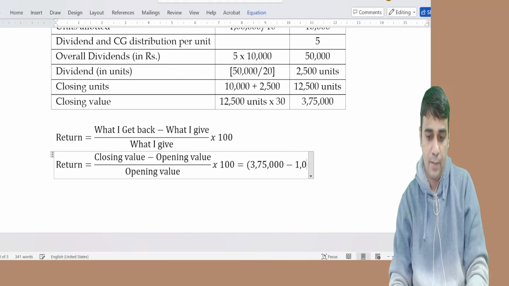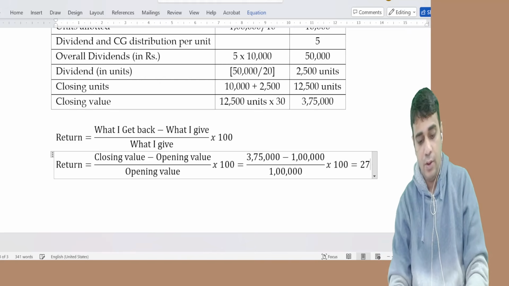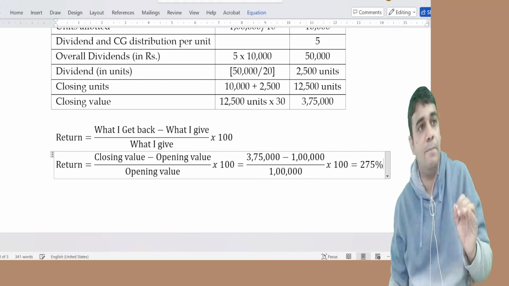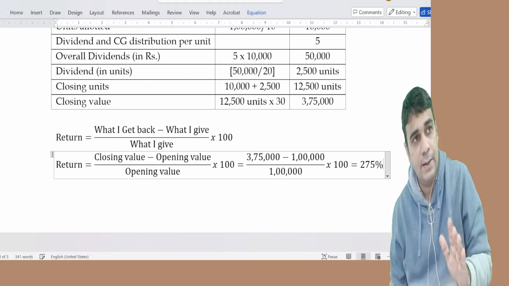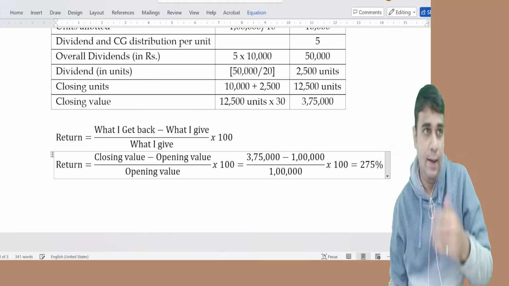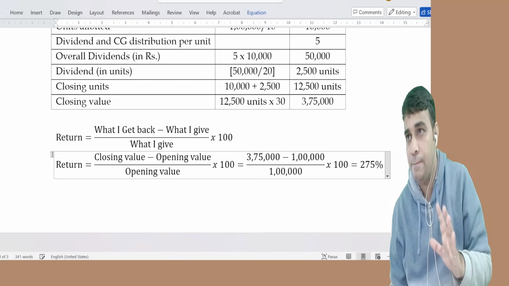Opening is 100. So the result is 275 percentage. 275 percentage is the return earned by the investor in a reinvestment plan. In a payout, it was 250 percentage. Here it is 275 percentage.